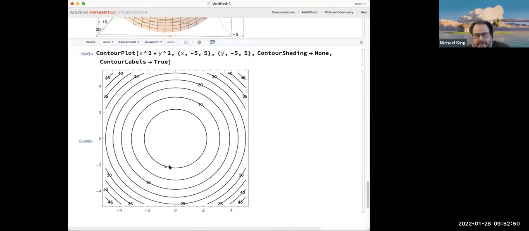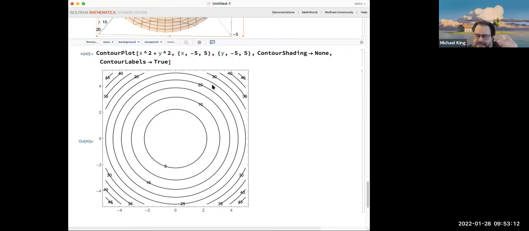And now this is labeled: this is the slice at height 5. This is the level curve, I should say, at height 5. This is the level curve at height 10. And they do get closer to each other, which is an interesting thing to think about, because it looks like the height's going up by 5 each time.